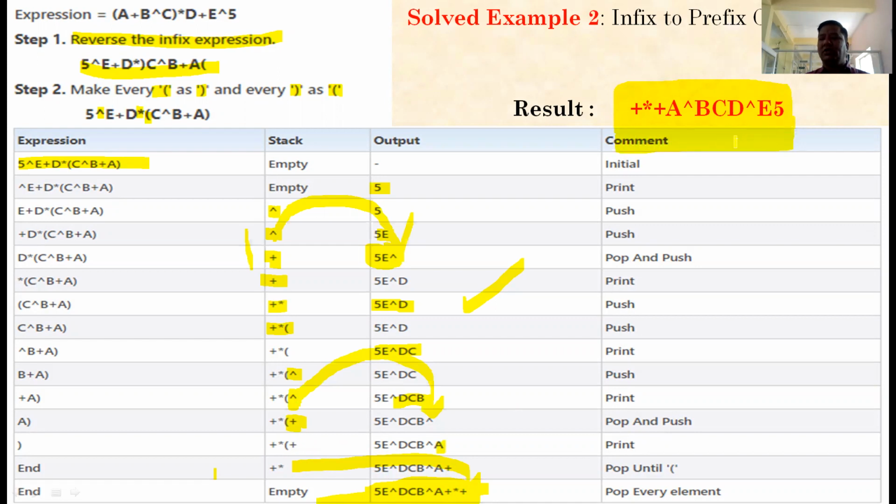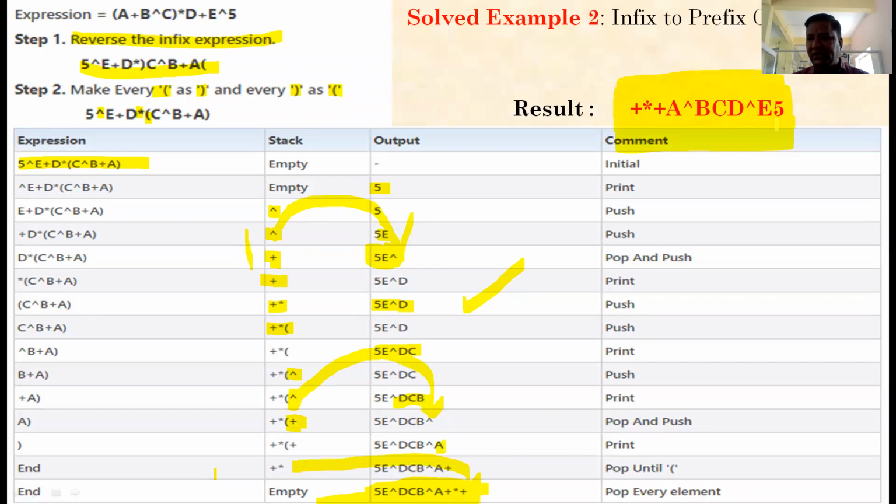Okay. So once again, I will recall the infix to prefix conversion algorithm. You should know the infix to postfix algorithm. In infix to prefix conversion, just take the infix expression, reverse it, replace every opening bracket with a closing bracket and every closing bracket with an opening bracket, and then apply the infix to postfix conversion algorithm.